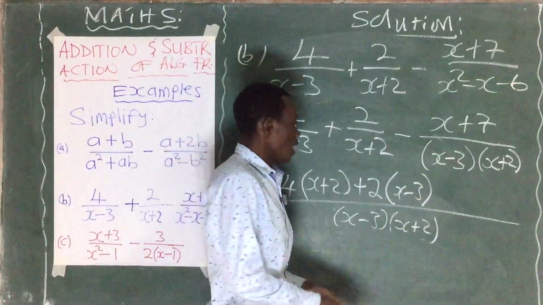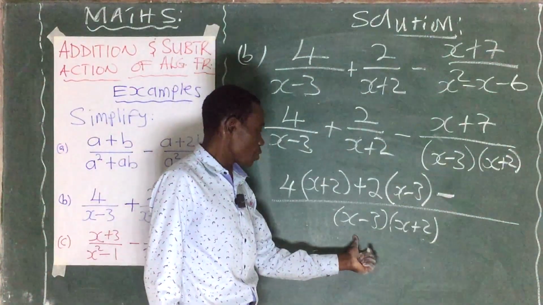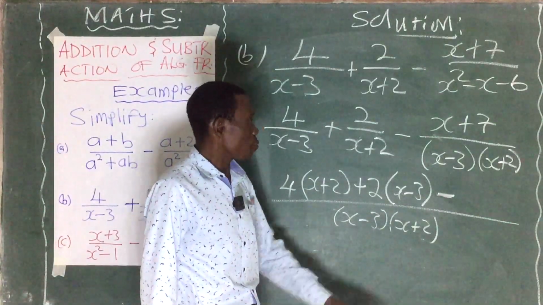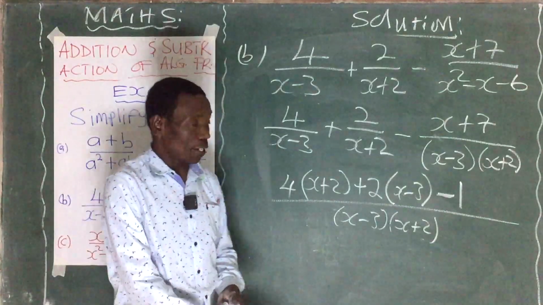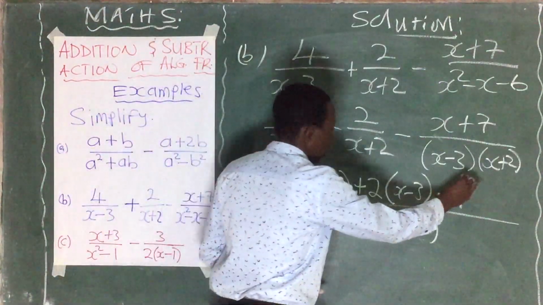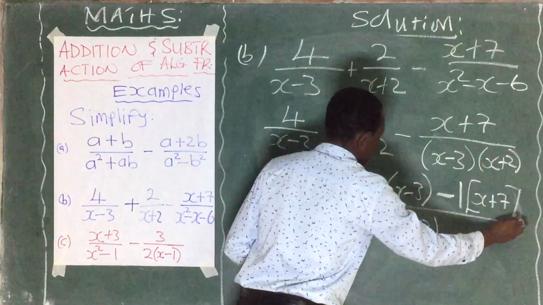But here we have a negative, so we write the same minus. Since what we get here is positive 1, multiplied by that it turns into a negative. So it will be minus 1 times the bracket x plus 7.